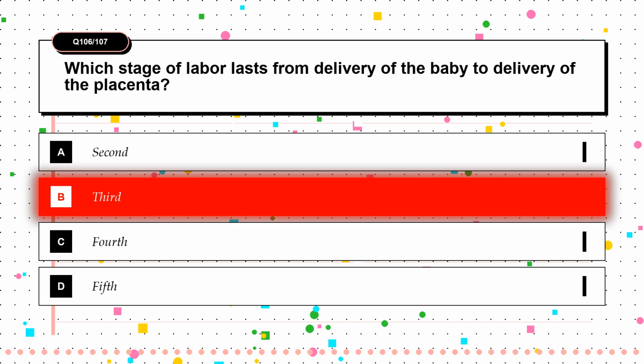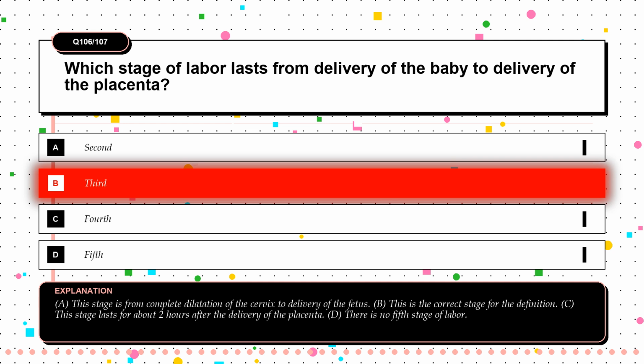The correct answer is option B. Third. A. This stage is from complete dilatation of the cervix to delivery of the fetus. B. This is the correct stage for the definition. C. The stage lasts for about 2 hours after the delivery of the placenta. D. There is no fifth stage of labor.